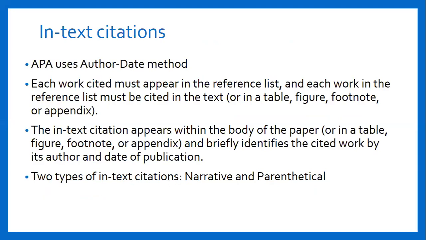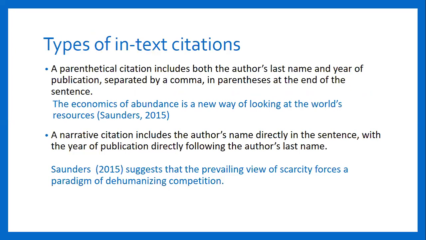So an in-text citation appears in the body of the paper or in a table, figure, footnote, or appendix, and briefly identifies the cited work by its author and the date of publication. And there are two types, a narrative and a parenthetical. A parenthetical citation includes the author's last name and year of publication separated by a comma in parentheses at the end of the sentence.